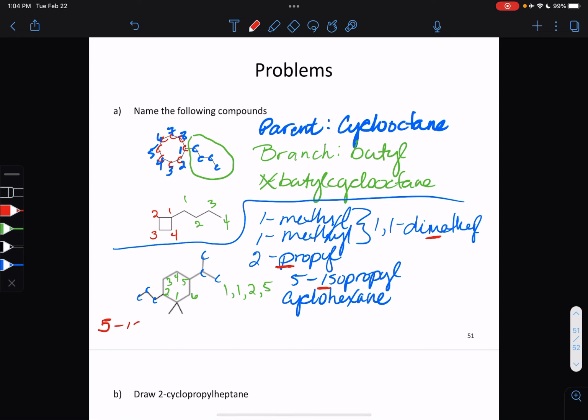We do 5 first. So we have 5 isopropyl hyphen, and then what comes next? M or P? M. So then we have 1, 1. And remember that between numbers we have commas, and between a number and a letter we have hyphens. So we have dimethyl.